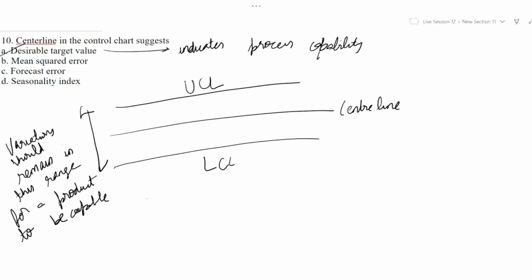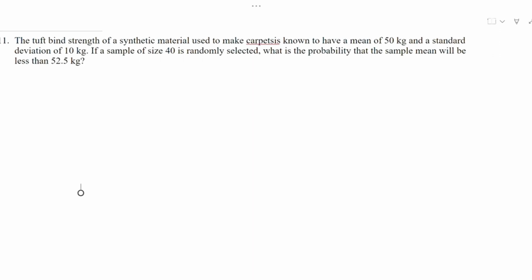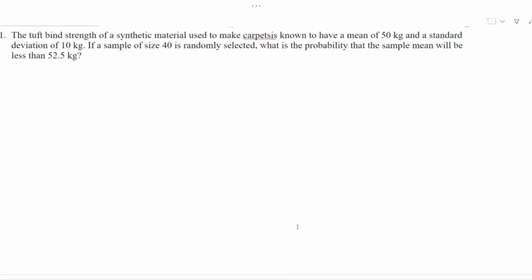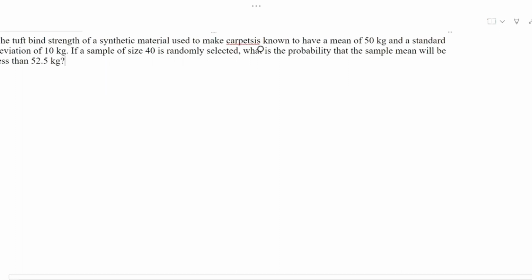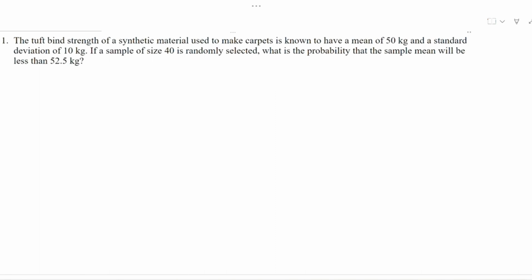Now we will do three very important questions. Let's start. Here it is given that the tensile strength of a synthetic material which is used to make carpets is known to have a mean of 50 kg and a standard deviation of 10 kg.